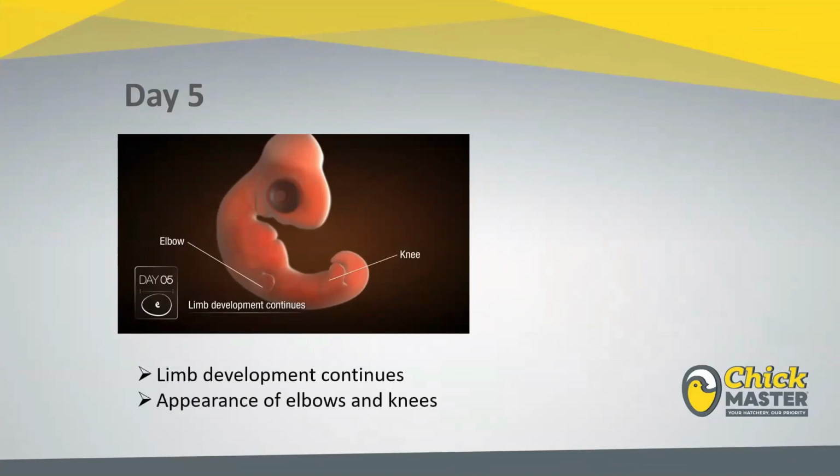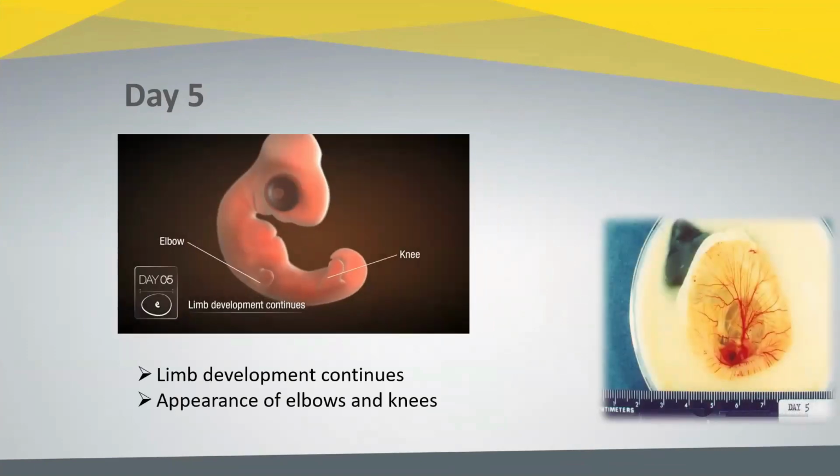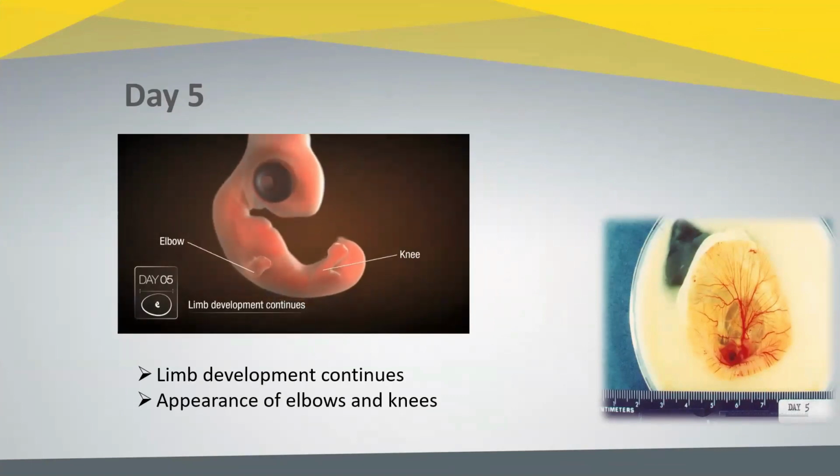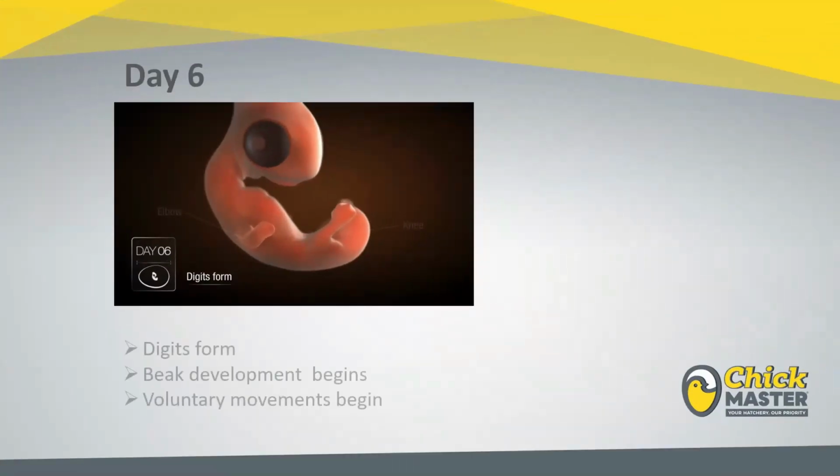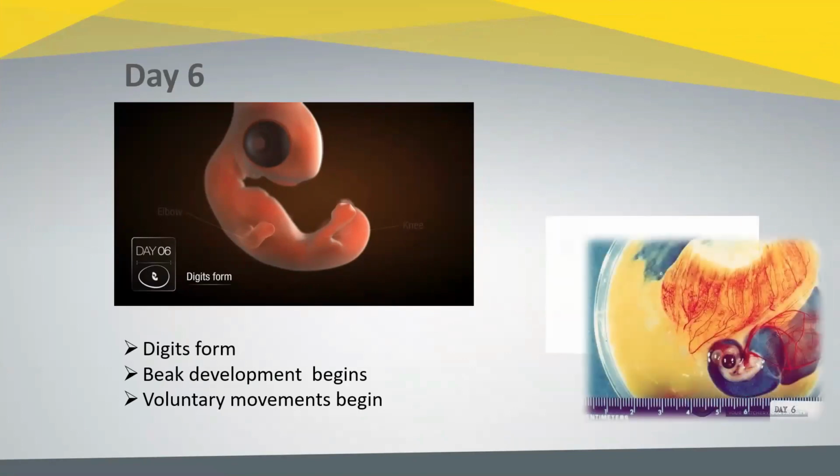In day five, limb development continues, appearance of elbows and the knees. Day six, digits form, beak development begins, and then of course voluntary movement also begins.